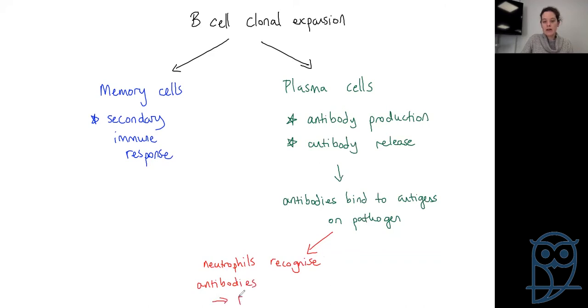And then we get phagocytosis of the pathogen. Alternatively, the antibodies themselves can actually cause all the problem for the pathogen. They can actually neutralize or they can even kill the pathogen.